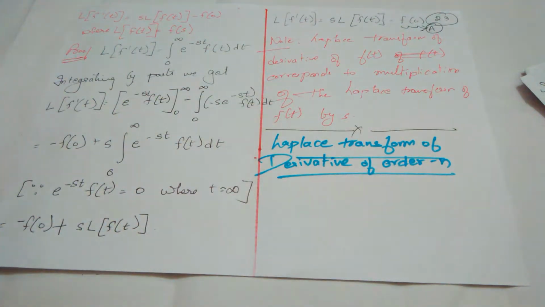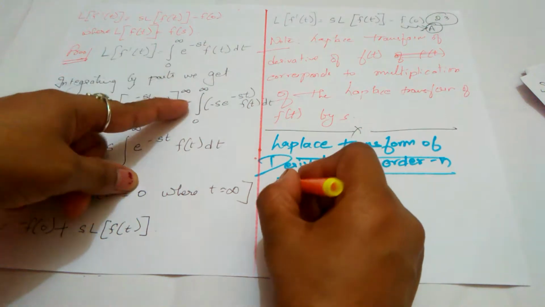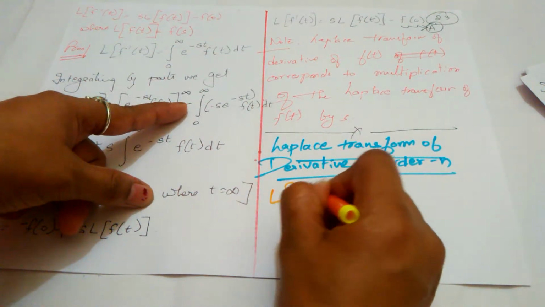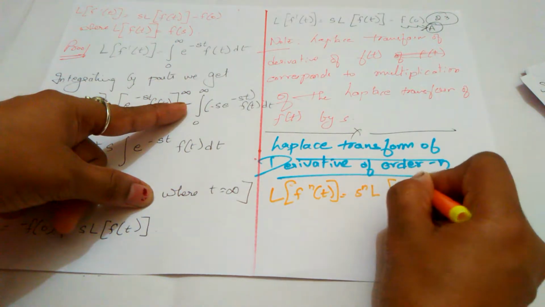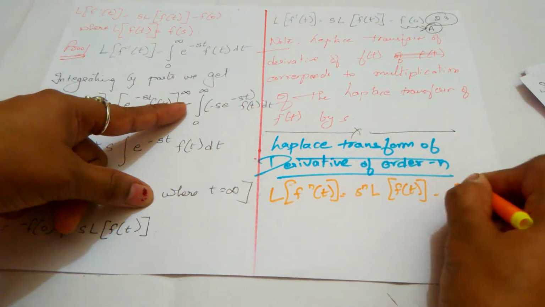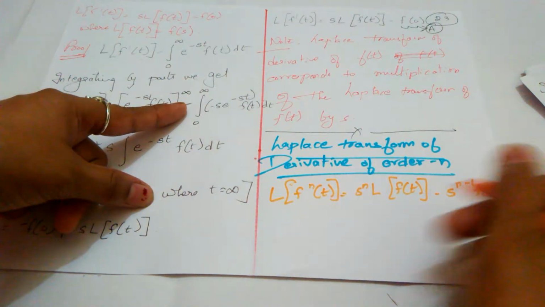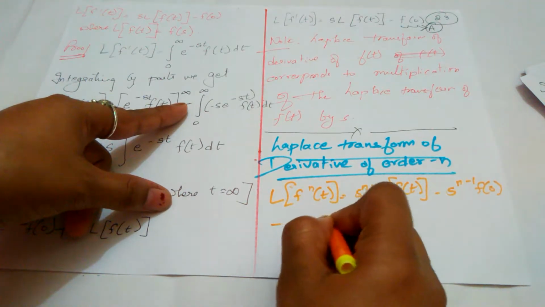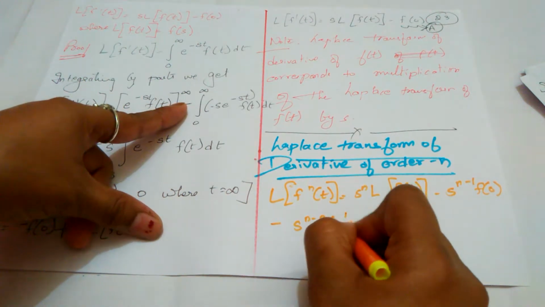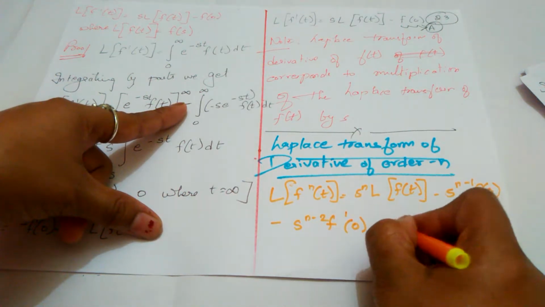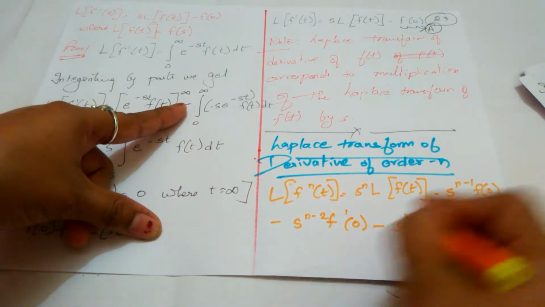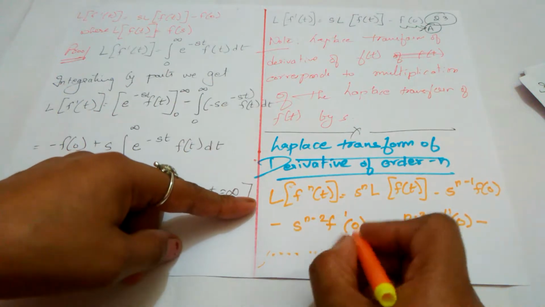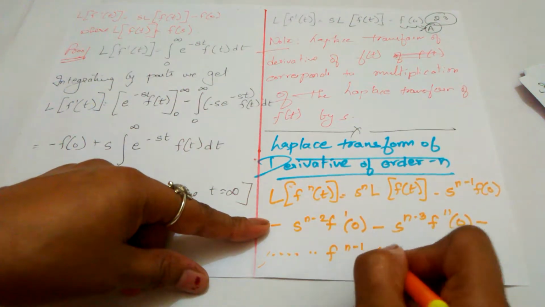So let me write the statement first. L of f raised to n of t is equal to s raised to n L of f of t minus s raised to n minus 1 f of 0 minus s raised to n minus 2 f dash of 0 minus s raised to n minus 3 f double dash of 0 minus, it will go ahead, up to f raised to n minus 1 of 0.